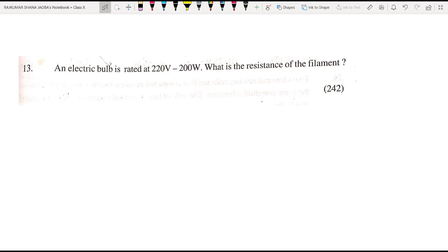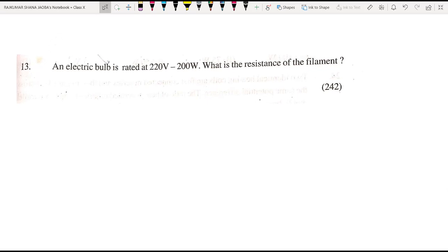Now question number 13. An electric bulb is rated at 220 volts, 200 watt. What is the resistance of the filament? So here power P equal to 200 watt, voltage V equal to 220 volt.